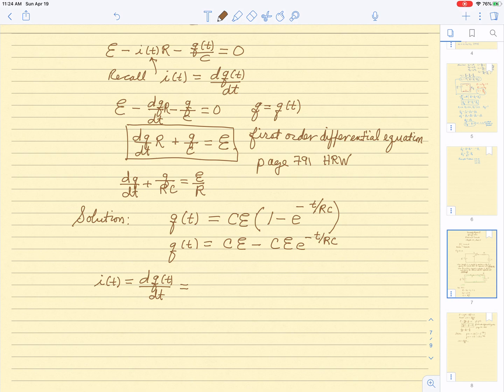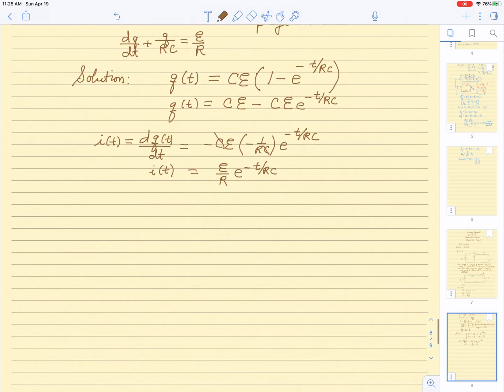And so then this will be negative C times E, times negative 1 over RC, e to the negative t over RC. The C's will cancel, and this becomes E over R, e to the negative t over RC. So that's going to be the current as a function of time.